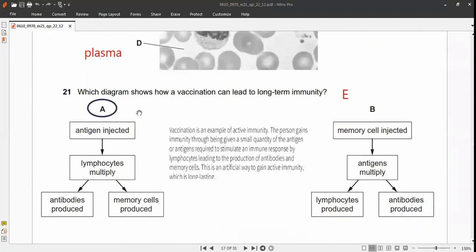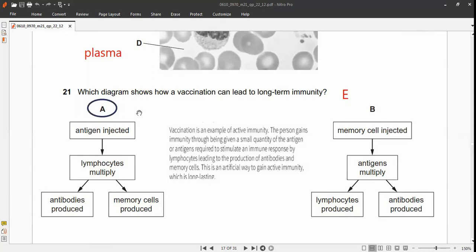Which diagram shows how a vaccination can lead to long-term immunity? Vaccination is an example of active immunity.